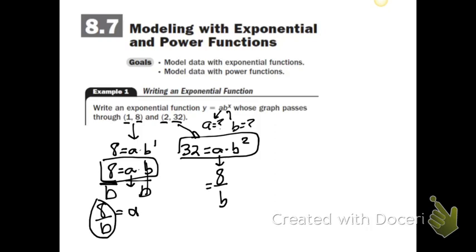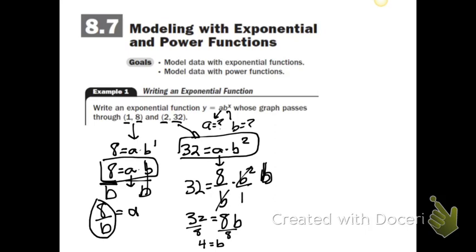So 8 over b is going to be equal to 32, and we're multiplying that by b squared. Now of course we can simplify. b goes into b squared once, so we'd be left with just the b on top, in other words 32 equals 8 times just the b. So we can solve for b just by dividing by 8, and we would get 4 is b.